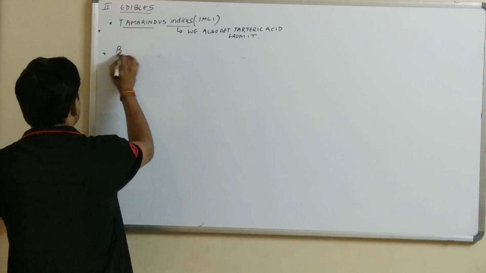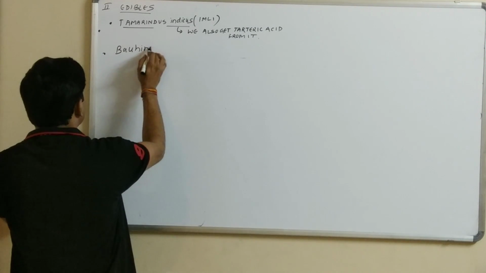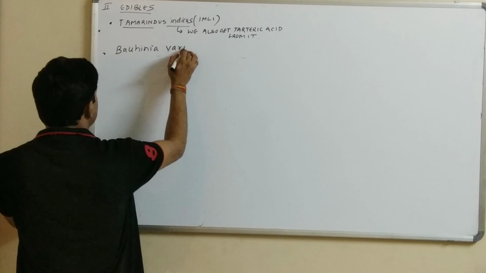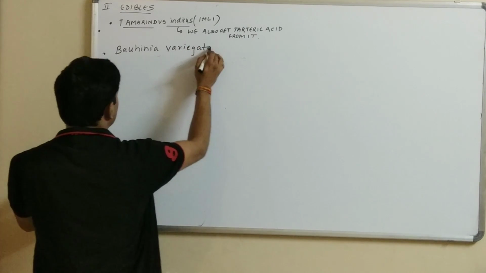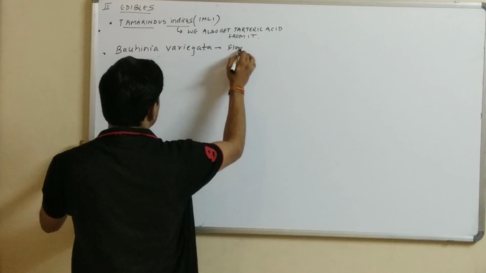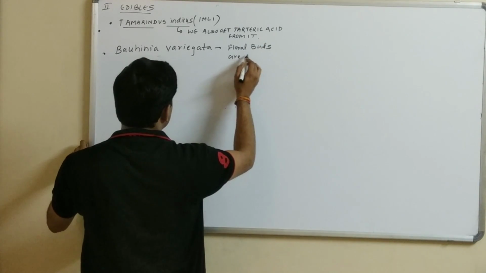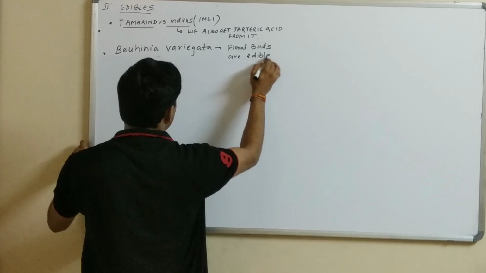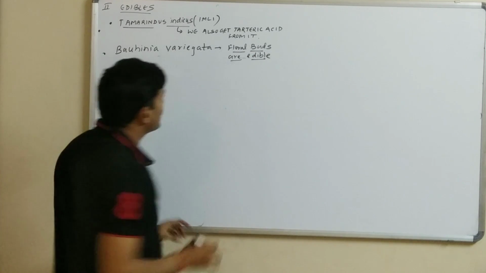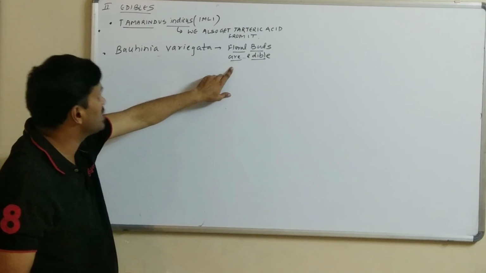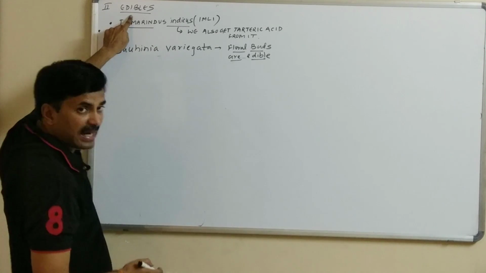And the second one is Bauhinia variegata. Here the floral buds are edible, and they are used as vegetables. Okay, so the second one is the edibles.